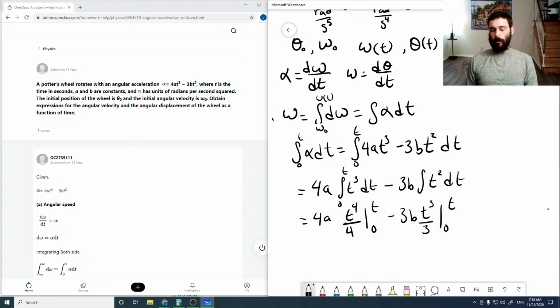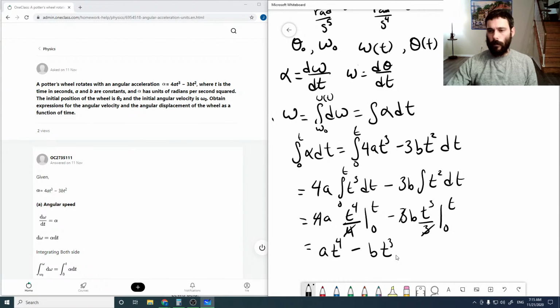So the whole thing will come out to be 0 when it's 0. So that makes this 4a t, might as well cancel the 4's and the 3's while I'm at it. This will be a t to the fourth minus b t cubed.